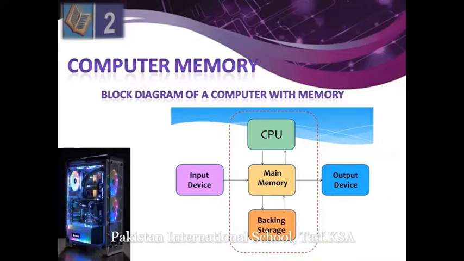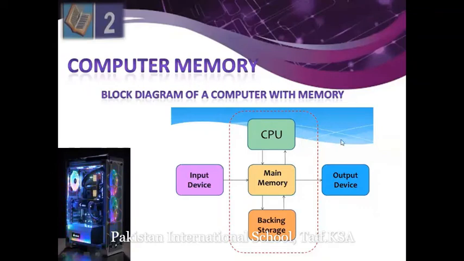Then after getting input, it will pass to the CPU, and the CPU will execute the instruction and then send it back to the main memory, and main memory sends it back to the output device or output unit for results and information. And also with the help of main memory, we can store our data on a backing storage device.